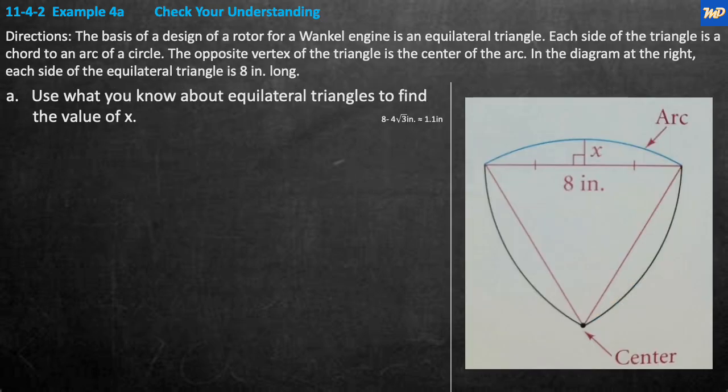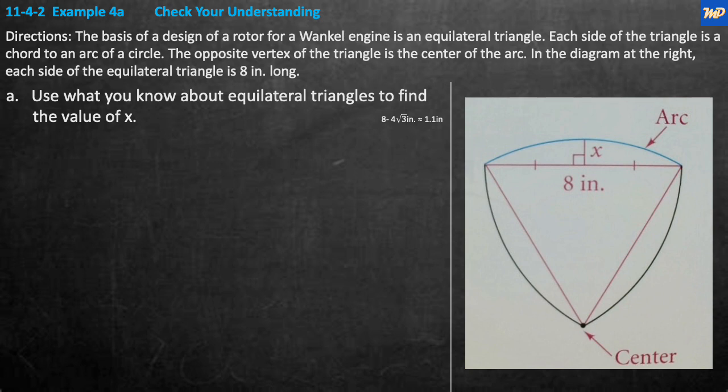Okay, example 4a I have here. Check your understanding, right? So what we want you to do is stop the video, take some time and read this over and see if you can come up with a solution for x. The directions say, the basis of a design for a rotor for a Wankel engine is the equilateral triangle.